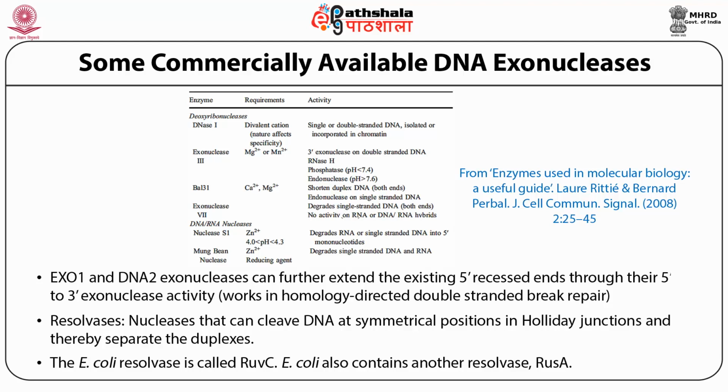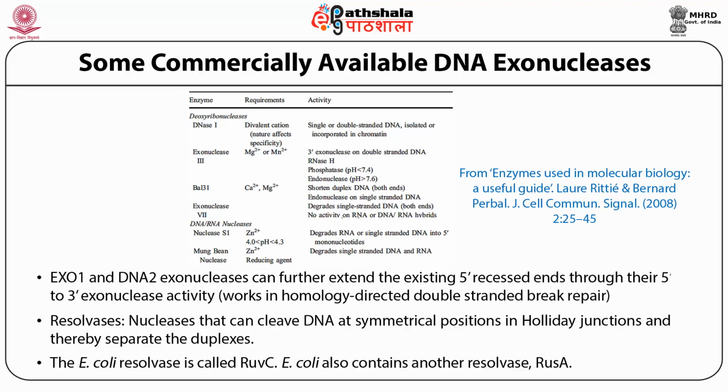It shows 3' exonuclease activity on double-stranded DNA. Then there is Bal-31 nuclease that requires calcium and magnesium. It can cause shortening of the duplex DNA from both ends. Then there is exonuclease 7 that degrades single-stranded DNA from both ends.